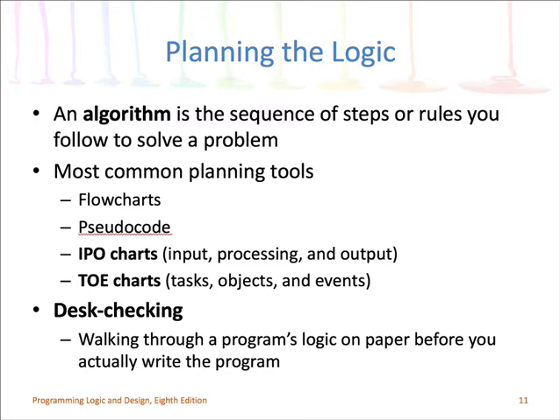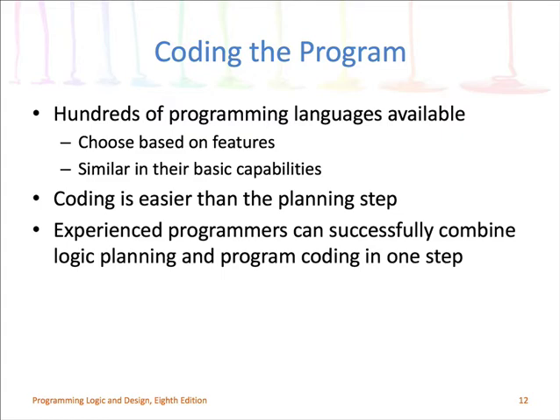Desk checking is basically going through your program, looking at the logic to make sure you haven't overlooked anything prior to sitting down and starting to code in whatever particular language you are using. There are hundreds of programming languages available. They all have different features.